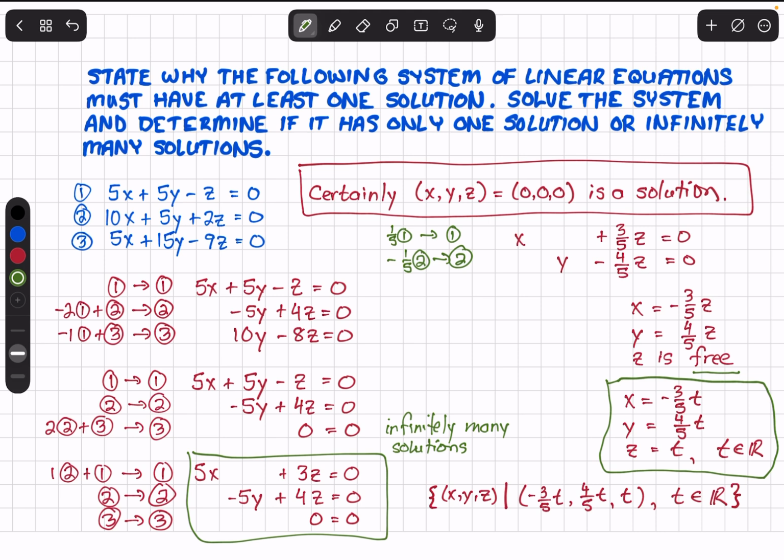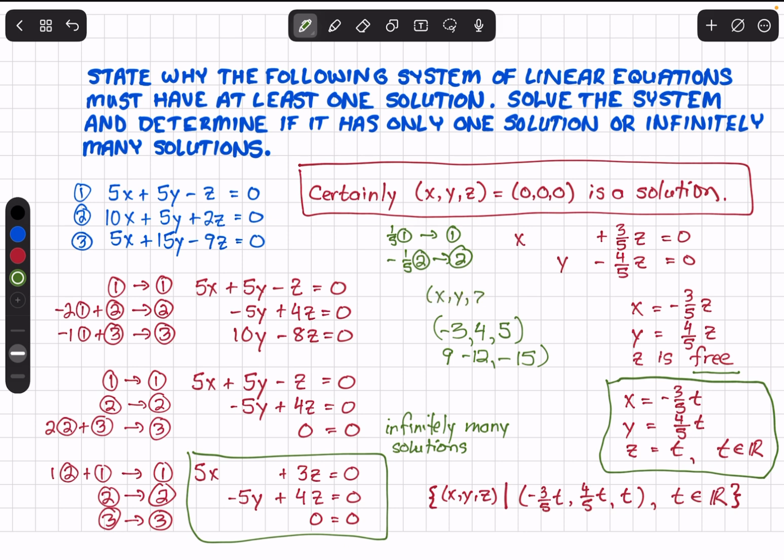If z was 5, you'd see that y would be equal to 4 and x would be minus 3. If z is negative 15, then you'd see that y would be negative 12 and x would be positive 9.